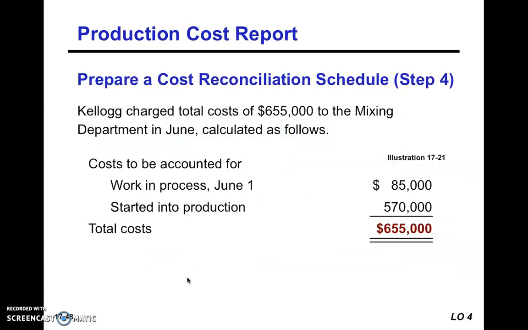The next step is to show the total cost. The total cost included how much we spent on beginning work in process, 85,000 in total, adding material and conversion cost, plus how much we spent on the units we started into production during June, 570K. So in total, we have spent 655K.